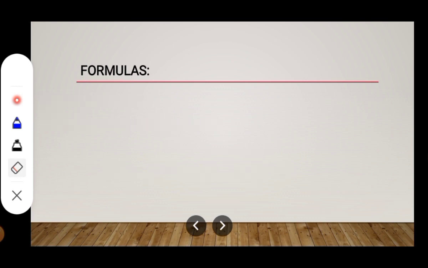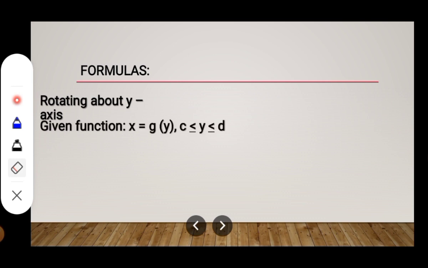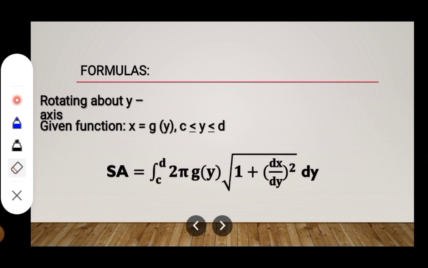The second formula is rotating about the y-axis, given the function x equals g of y, from c to d. The formula is the integral of 2 pi g of y, times the square root of 1 plus dx over dy squared, dy from c to d.